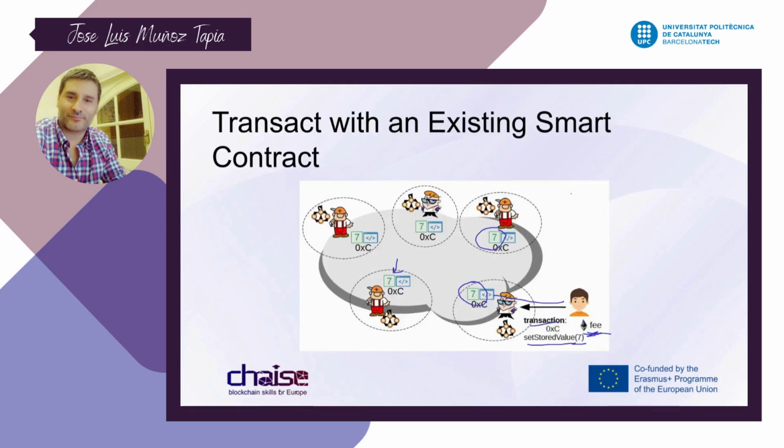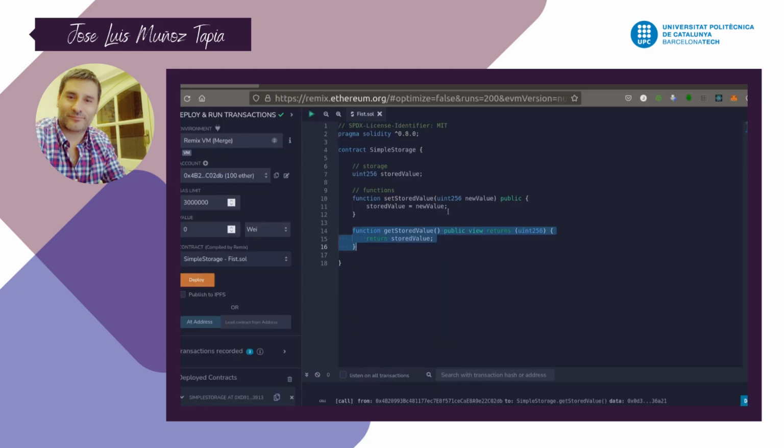Just to finish, a small change. It is very typical to create view functions that return the value of storage slots. So essentially, you can put the keyword public here, and the compiler will generate a function exactly like this, with the same name as the storage variable.